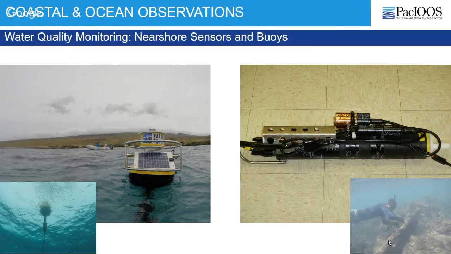But we learned from that. We actually redeployed those buoys, but we located them into slightly different positions, a little bit further out of the main shipping lanes. Shipping lanes also evolve over time if there's more commercial traffic.